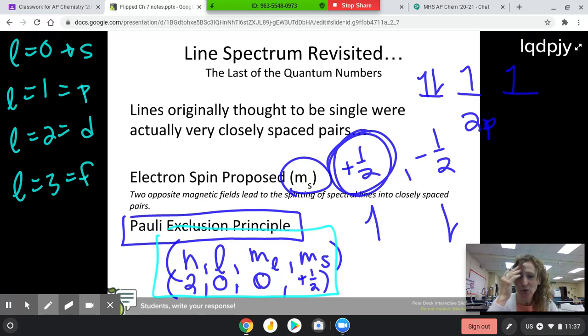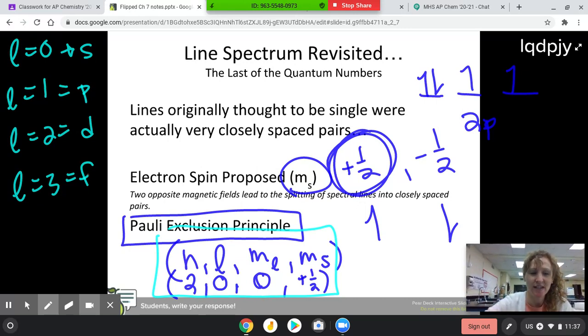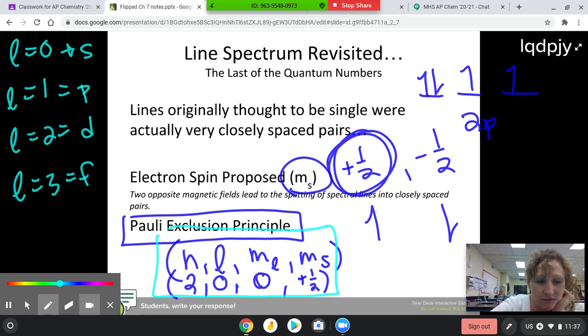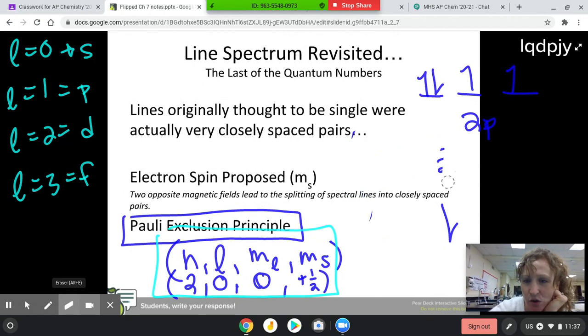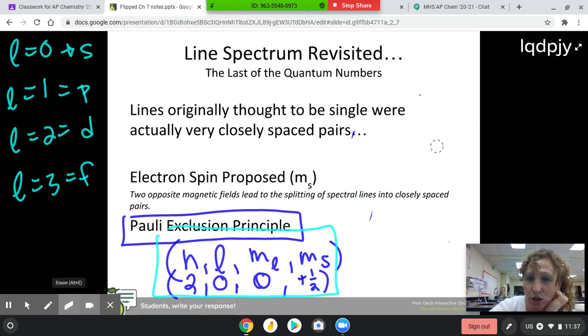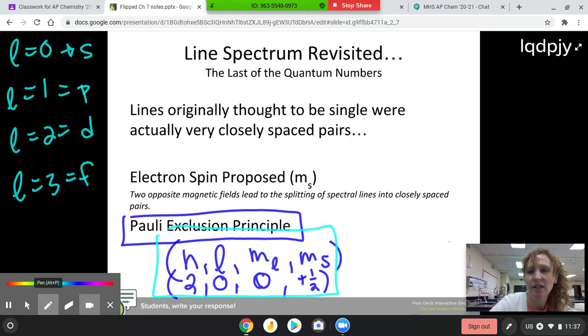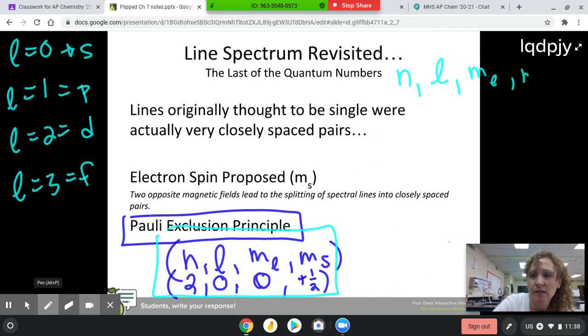Okay, let's go through this together. I see a couple people are just stuck as a whole. Okay, so if I'm talking about the valence electron for aluminum that lives in the P shell, let me just write this, aluminum's valence electrons will all be in the 3rd energy level.